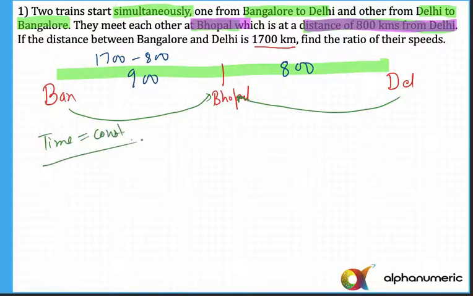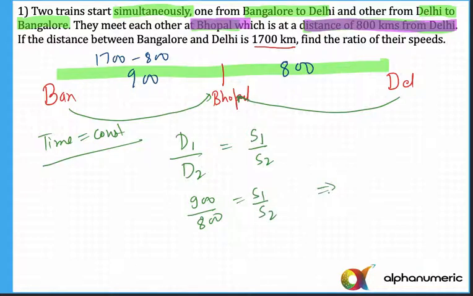Now if the time is constant, ratio of distance is always equal to ratio of speed. So the distance traveled by the first train to the distance traveled by the second train will be equal to the ratio of speed s1 by s2. And what are the distances here? One train has traveled 900, the other train has traveled 800. So that is equal to s1 by s2. So this implies that the ratio of speed is 9 is to 8.